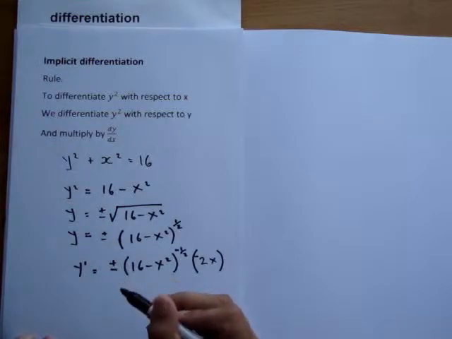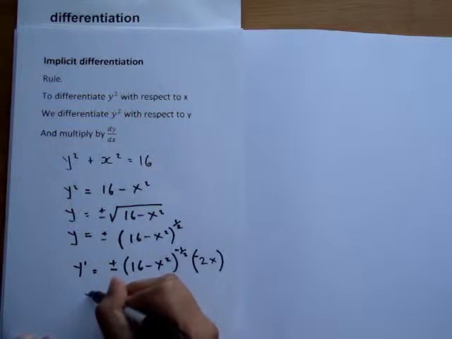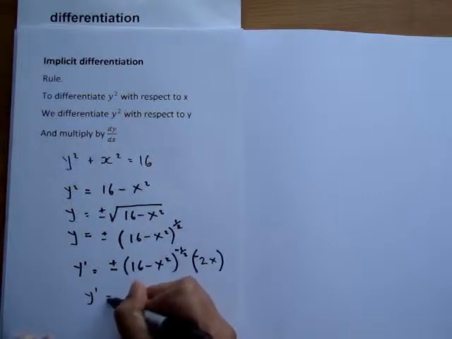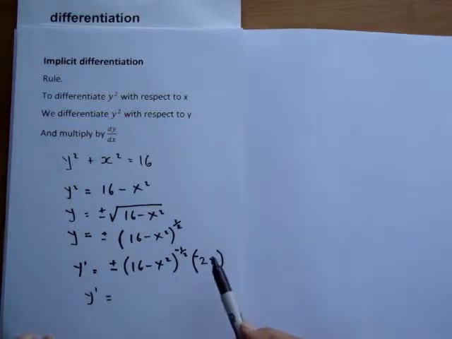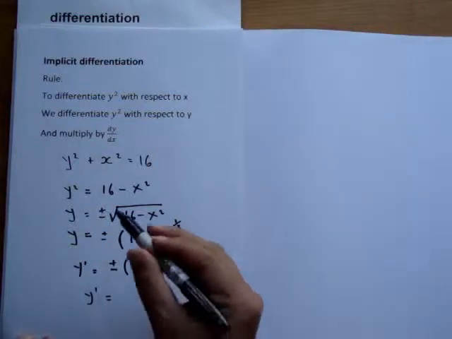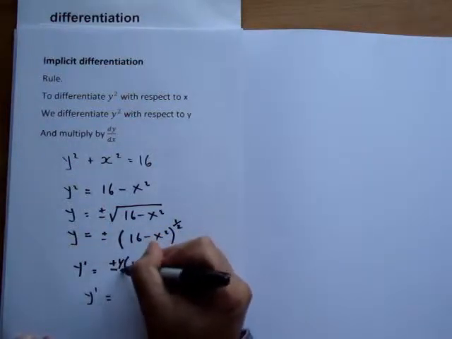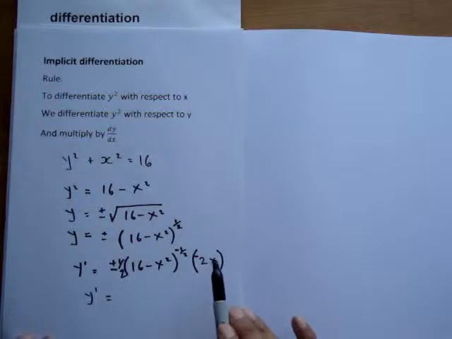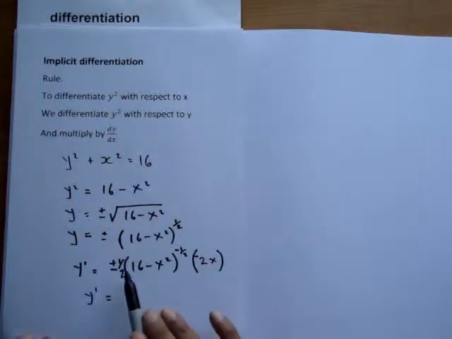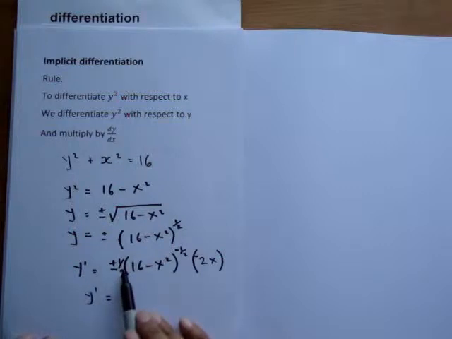So y prime becomes, right, so what we can do is, we need a half here as well because we're bringing the half down. When we multiply the minus 2 by the half, the 2 times the half becomes 1, so we can get rid of that half.